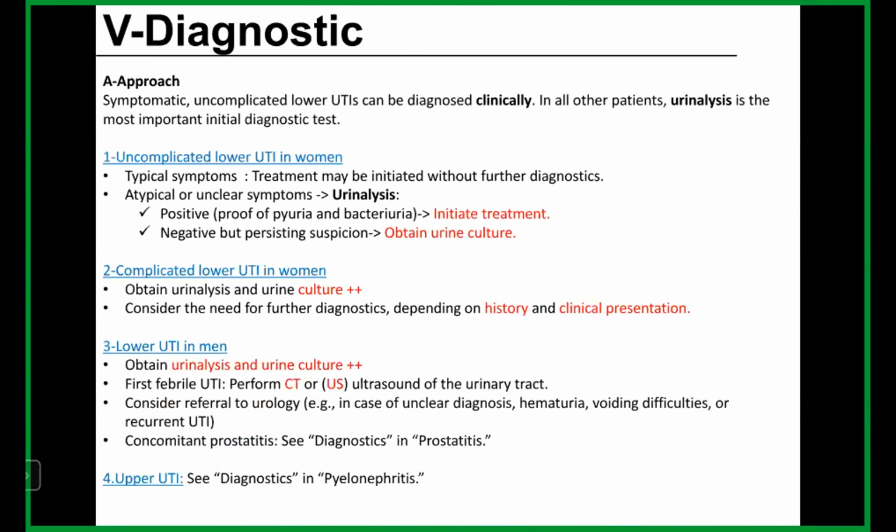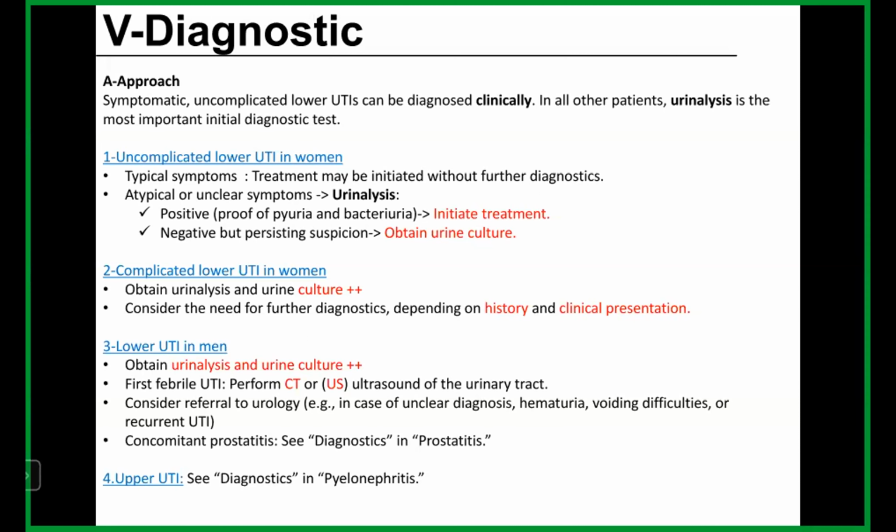This part is about how, in practice, we can confirm our diagnosis. The patient comes with clinical signs. Most of the time, especially in emergency, we don't need laboratory research or radiological examination to confirm our diagnosis.